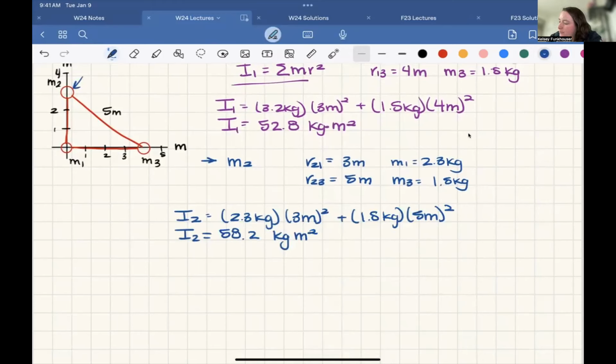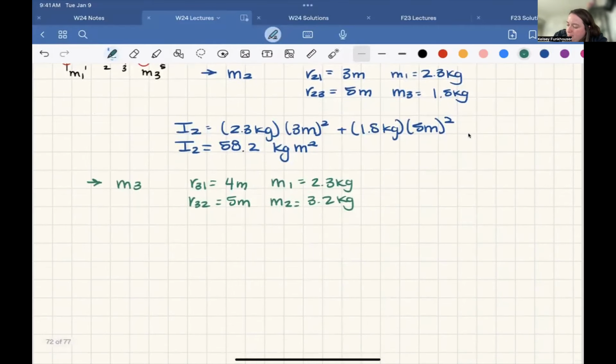And finally, we will do it about mass 3. And 3 to 1 is 4 meters, and 3 to 2 is 5 meters. And then I'll just write these masses, it just makes it easier. Mass 1 is 2.3 kilograms, and mass 2 is 3.2 kilograms. Lots of switching up of the order of numbers here for us.